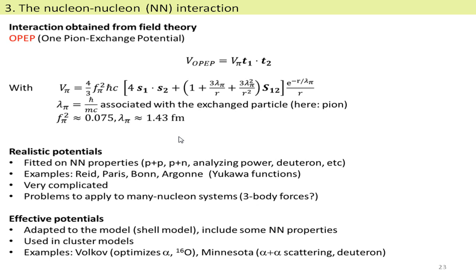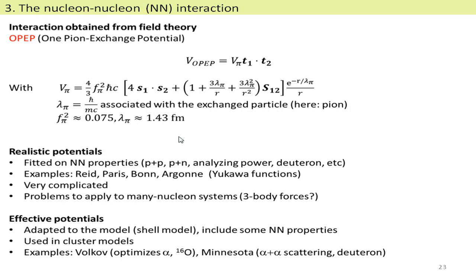And the typical length here, lambda pi, is the Compton wavelength associated with the exchange particle. So the idea here is that the interaction between the two nucleons is due to the exchange of one particle, and this particle is the pion. So the nucleon-nucleon interaction can be explained from pion exchange.